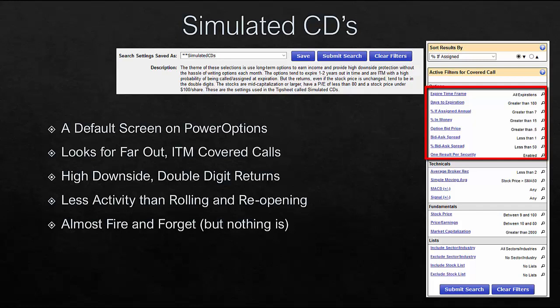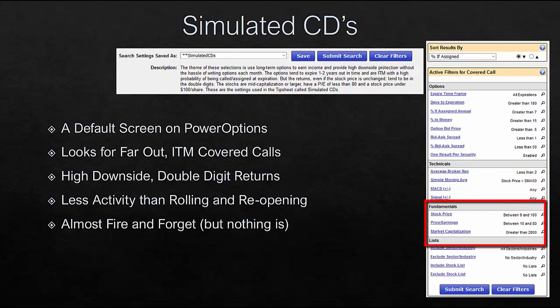Some basic requirements for minimum option bid price and bid-ask spread, while looking for a broker recommendation of less than 2, which means a strong buy or buy recommendation, looking for stocks trading above their 50-day moving average, stock prices between $9 and $100, PE ratio between 10 and 80, and looking for mid-cap stocks or higher.